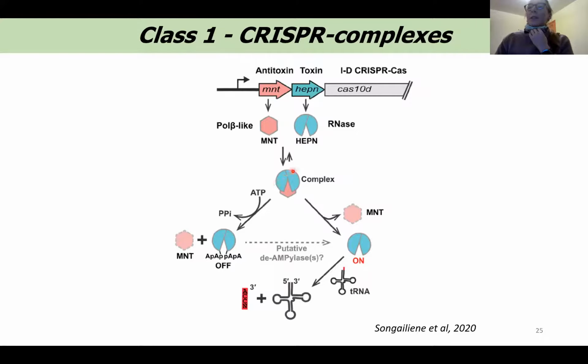If there is enough ATP in the cells, the antitoxin is switched off by a novel covalent modification, adenylylation or AMPylation. And if there is not enough ATP in the cells, the ribonuclease is active and can cleave tRNA. It removes the tRNA 3' end, which is important for aminoacylation.